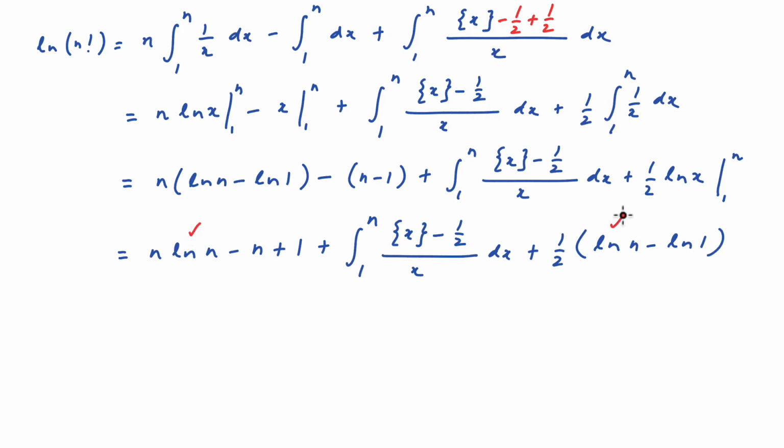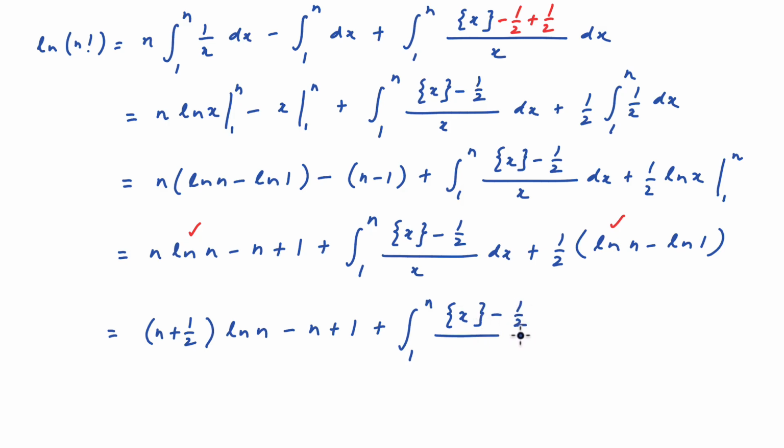Combining the two ln n terms, we get on the right hand side, in brackets, n plus half multiplied by ln n minus n plus 1 plus integral 1 to n, fractional part of x minus half upon x dx. ln 1, of course, is equal to 0.